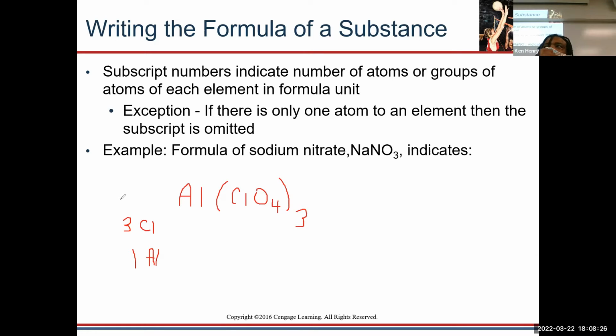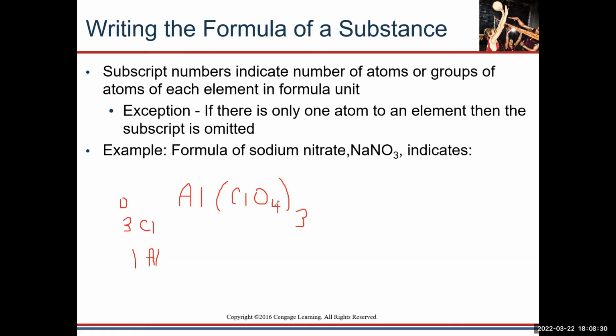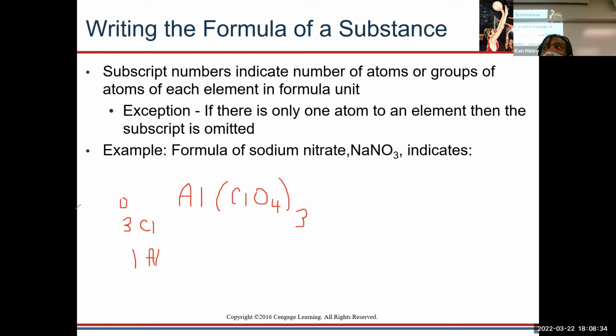And how many oxygens? 12. Do you want to see how we got 12? Okay, because there's 4 in there, and we'll have 3 times of whatever that number is.